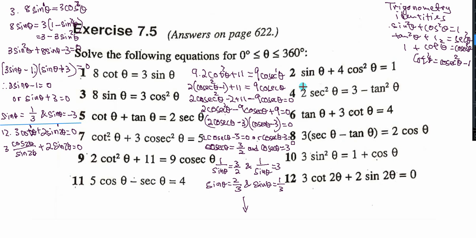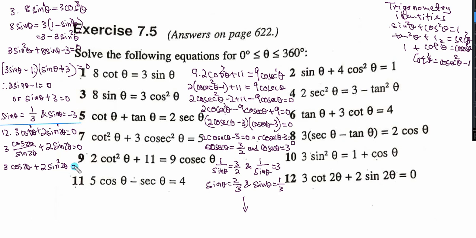Okay, now let's multiply sine 2 theta across. So the sine 2 theta will cancel off, so this is left with 3 cosine 2 theta. This will end up with 2 sine squared 2 theta.